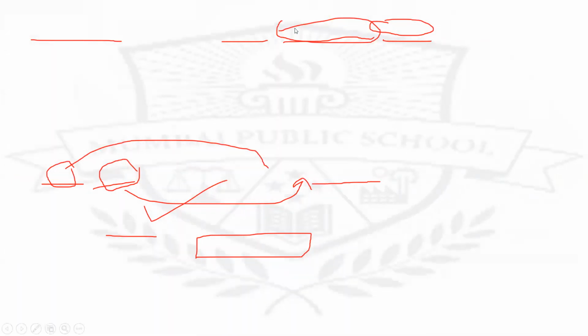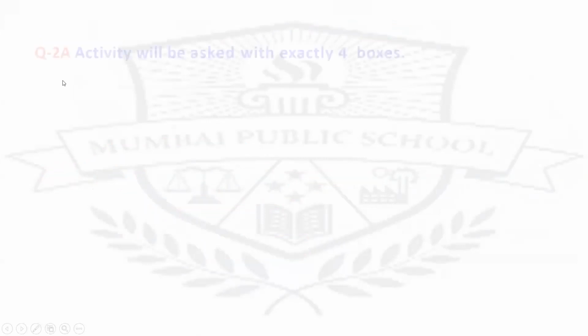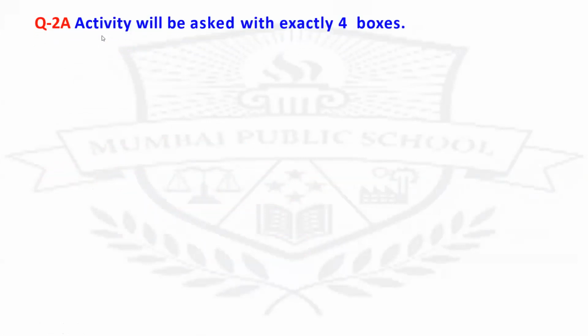So let's move ahead now. These were very simple questions. Now we'll move to question number 2A. Activity will be asked with exactly 4 boxes. Understand? You are not expecting to write all the steps, but here you get marks for that.